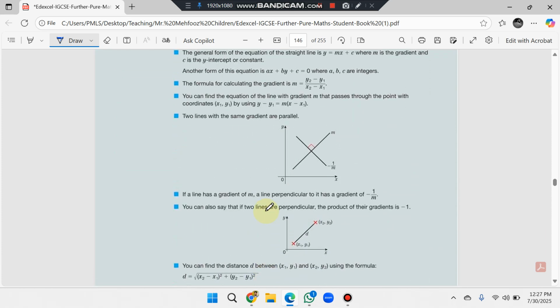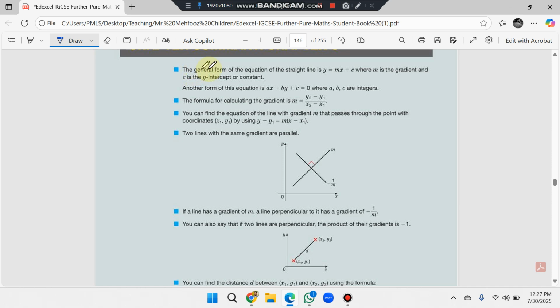In the summary, you can see that first, the general form for the equation of a straight line is y equals mx plus c, which we have studied. Another form of the equation is ax plus by plus c equals 0.